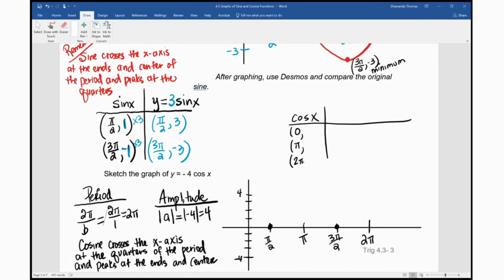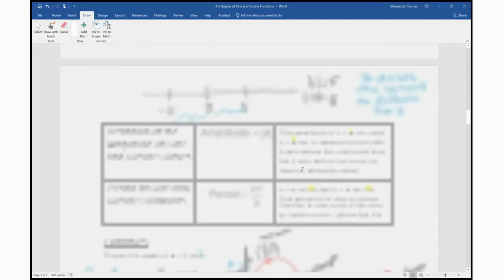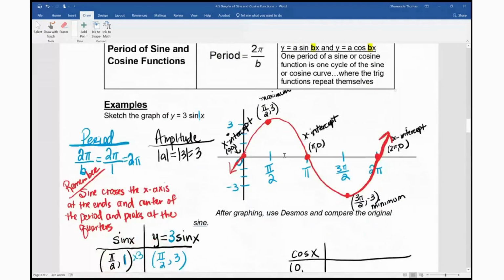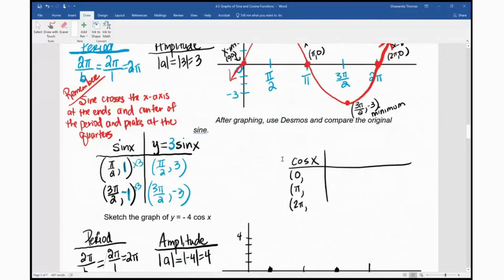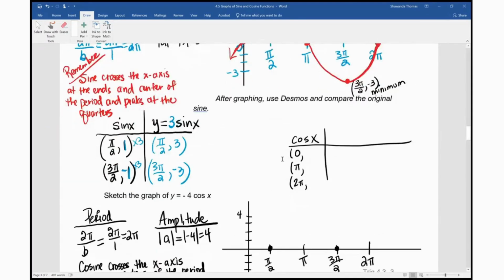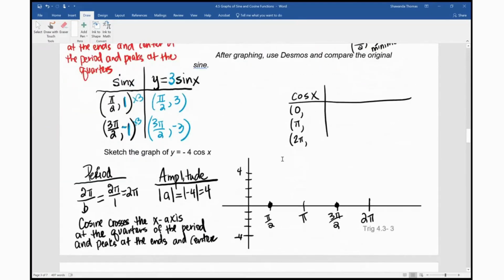Look at the unit circle. It is 1. So for cosine of 0, the output is 1.